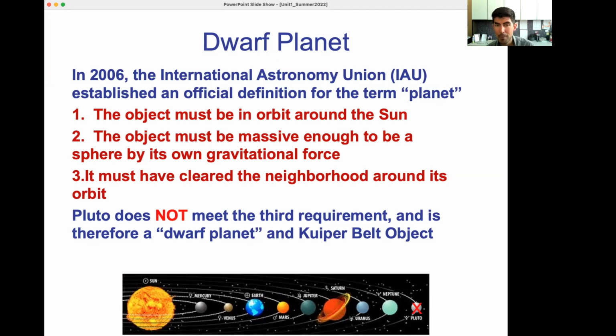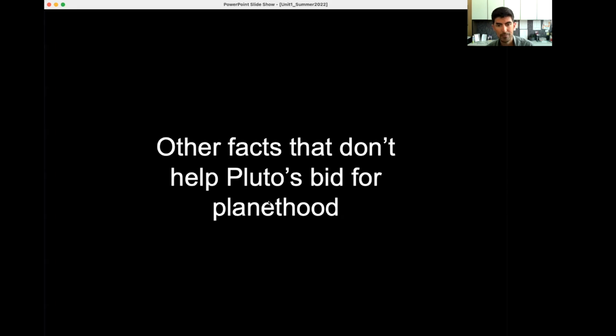Pluto does not meet this qualification because it exists as one of many Kuiper Belt objects. There are so many objects out there. Pluto or any of those objects do not dominate the gravitational field in that area. So this was the reason why Pluto was demoted from being a planet to a dwarf planet.